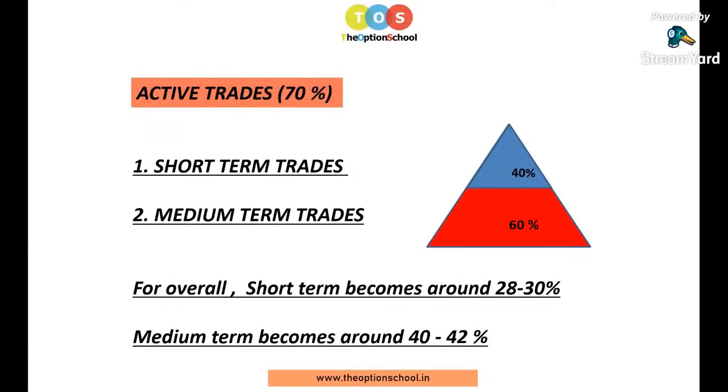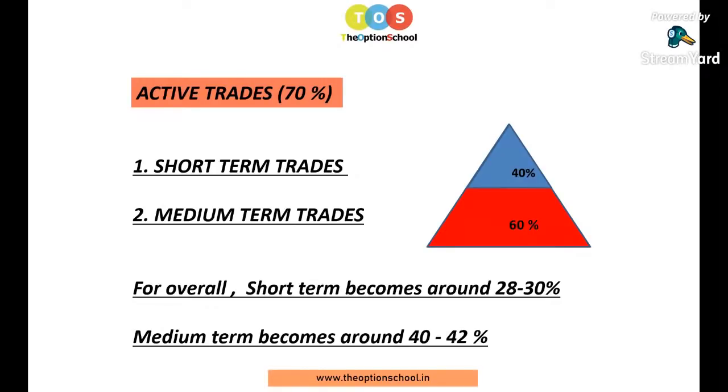Medium term trades we know we can handle, so we are pretty okay with that. And passive income is, you know that okay, at least 30% of your capital is giving you decent kind of returns, right? So overall it becomes 40 to 42% for medium term, 30% for short term, and 30% for passive income strategies.